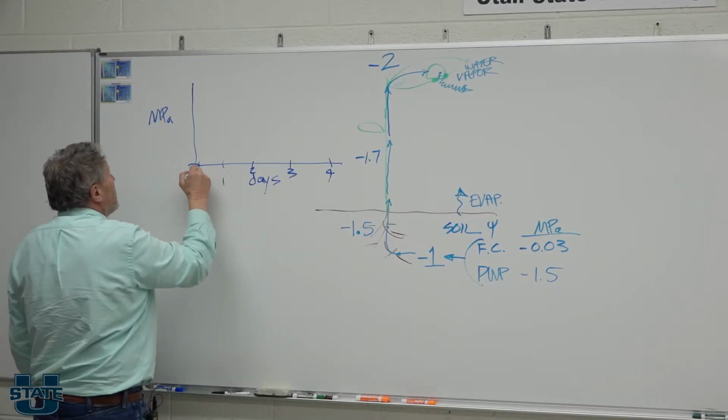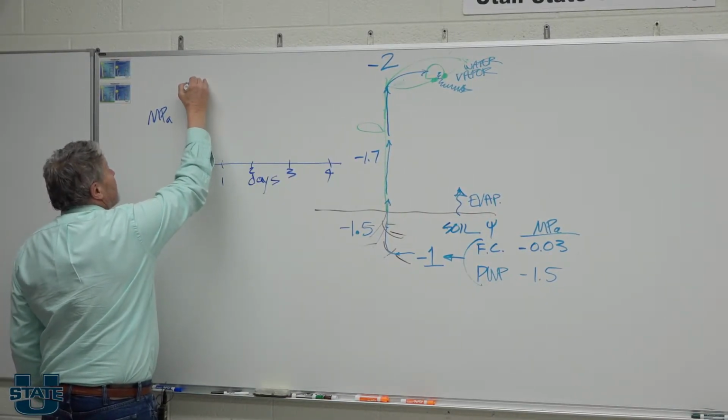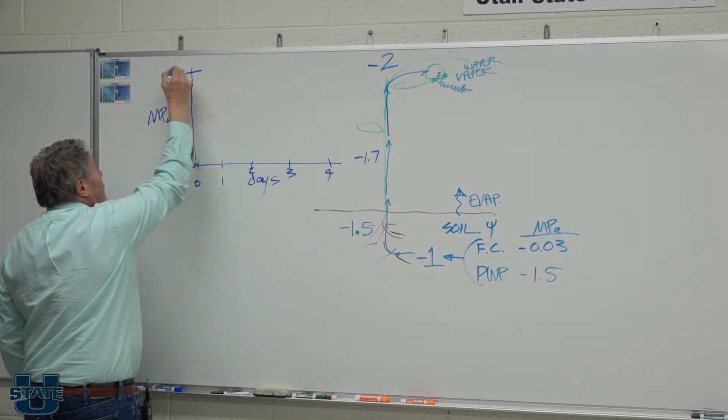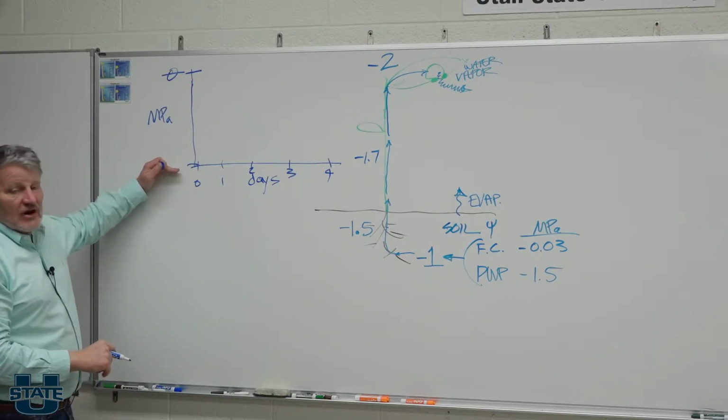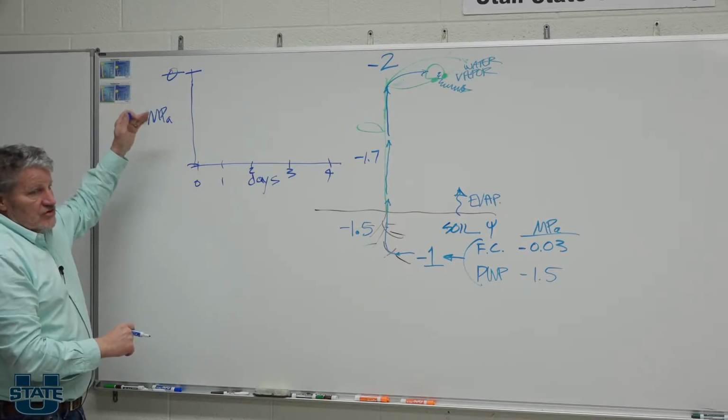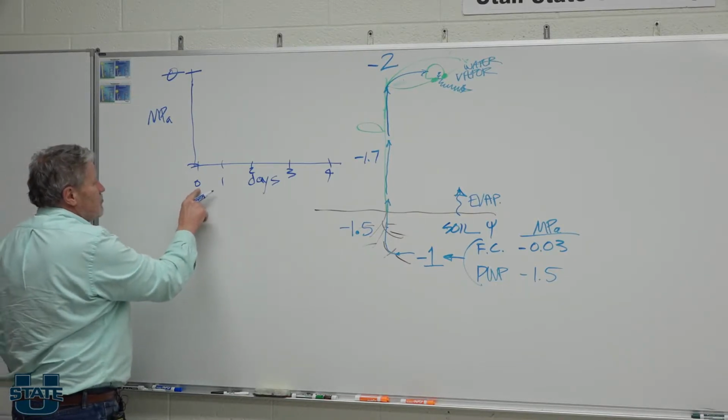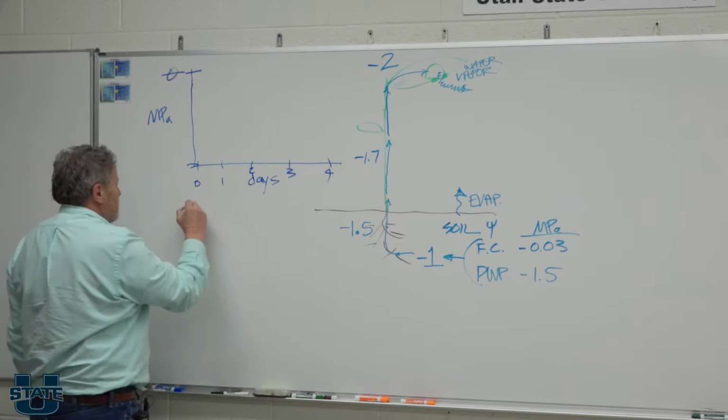In this graph, we're going to start at 0. You can already see negative numbers. Graphs start at 0 down here, but we're going to start at 0 on the top. This is when we just irrigated.